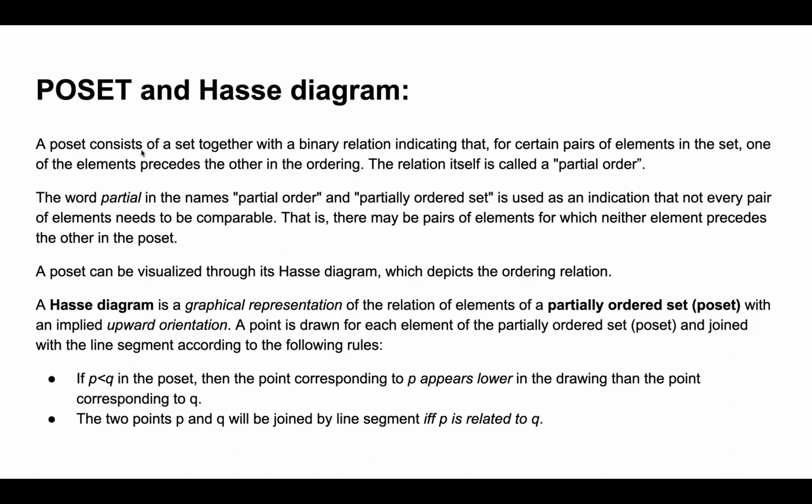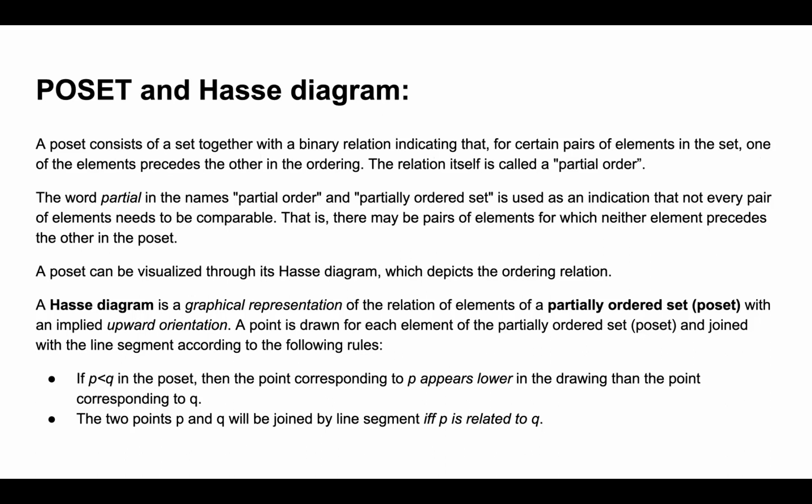What this poset consists of, we will see again. A set together with a binary relation indicating that for certain pairs of elements in the set, one of the elements precedes the other in the ordering. Precedes means what here?